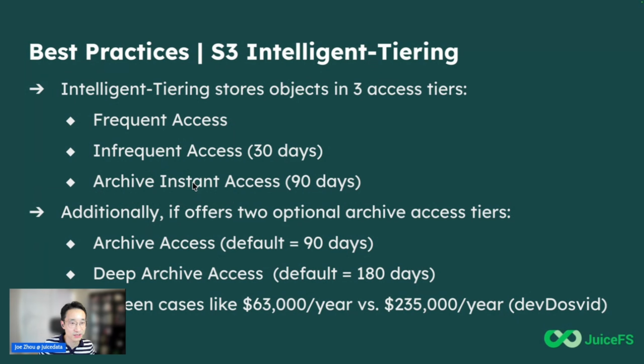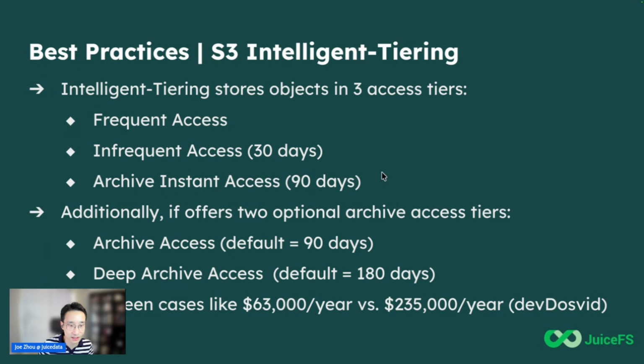These are all sub-tiers of the S3 intelligent tiering storage class. By default, only the first three are enabled. So your data stays in frequent access. If it's not accessed for 30 consecutive days, it gets moved to infrequent access. And if it's not accessed in 90 consecutive days, it's moved to archive instant access.